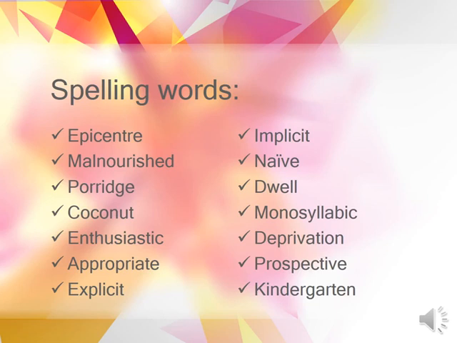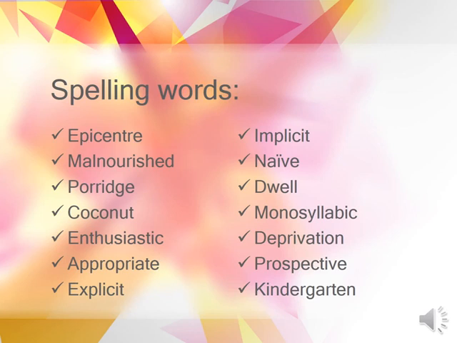After that, you have another word which is porridge, which is a dish consisting of oatmeal or another meal, cereal boiled in water or milk. After that, you have coconut. A coconut is the thing that we eat.